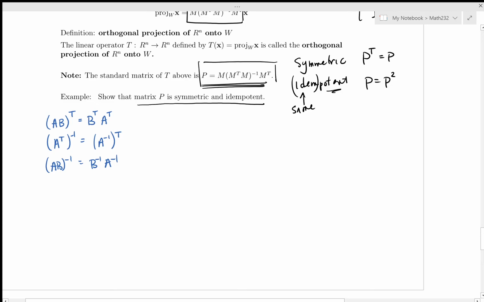Okay, so let us first show that this matrix is symmetric. We know that P is this, M transpose M to the minus 1. So I'm going to take the transpose on both sides.